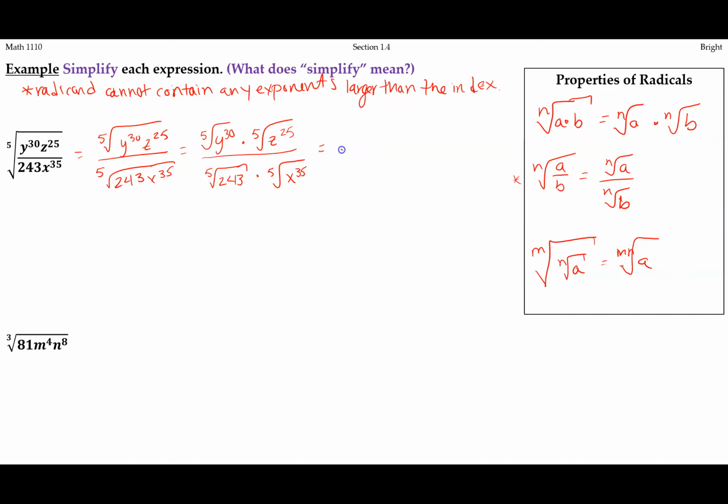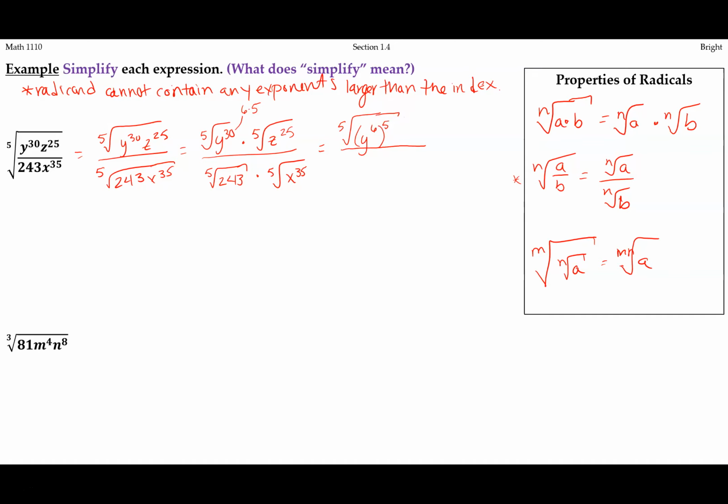So perhaps I can try to express the exponent as a multiple of 5. Specifically, if I look at the first one, 30 is 6 times 5. So I can say that this is y to the 6th, all raised to the 5th power.